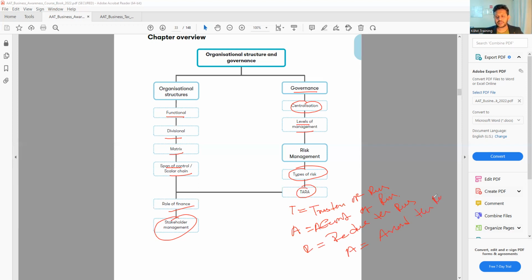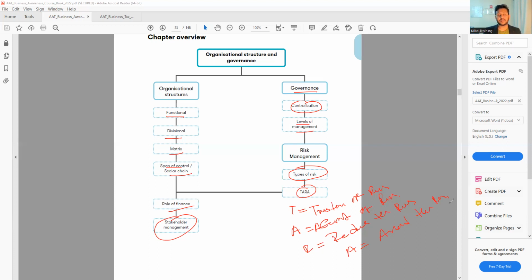Now, how you determine these TARA strategies depends on the company situation or the circumstance. For example, when the risk is low and the chance of that risk happening is very low, then you can accept it. For example, if you think COVID will happen again, maybe there is a chance of less than 1%, but the chance is very, very low.